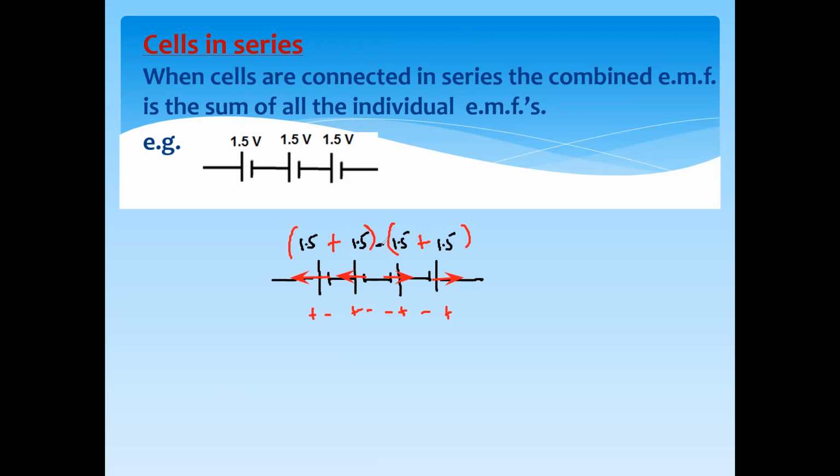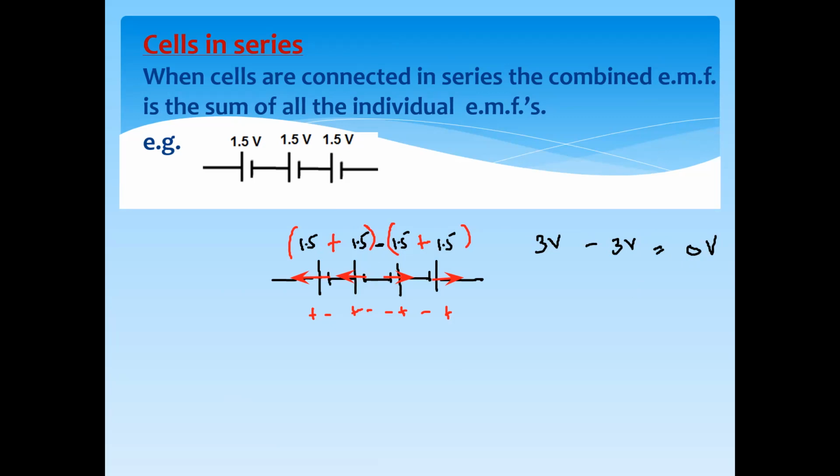So as a result, we will subtract. So 1.5 plus 1.5, that is 3, minus 1.5 plus 1.5, that is also 3. So 3 minus 3, what is the resultant voltage? The resultant voltage will be 0. So in this case, they completely cancel out the effect of each other.